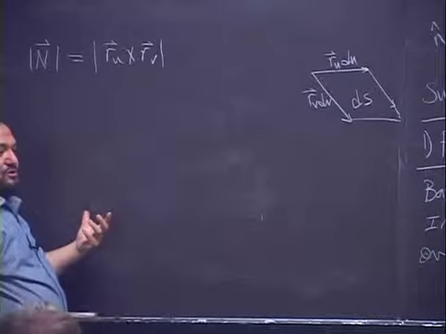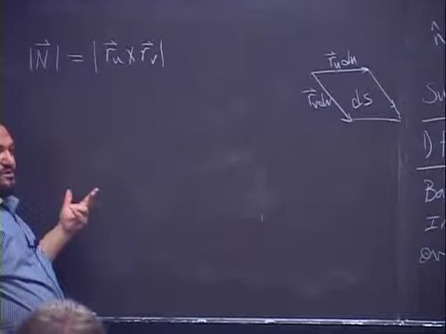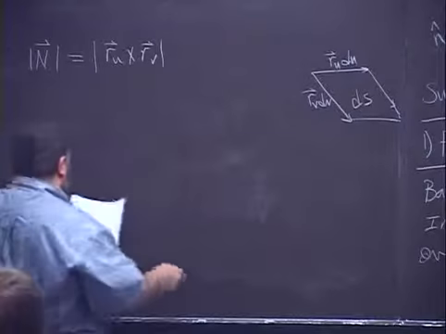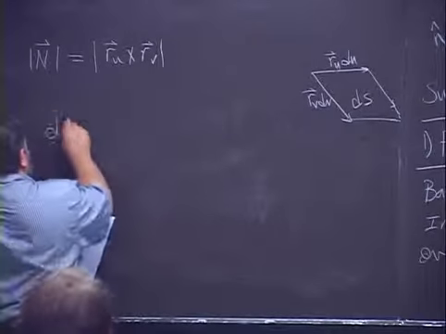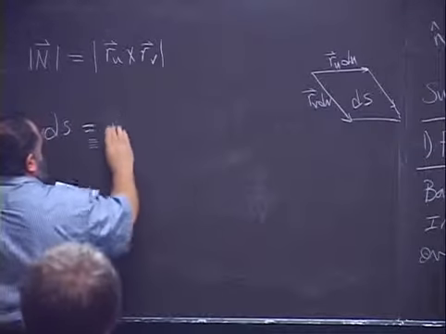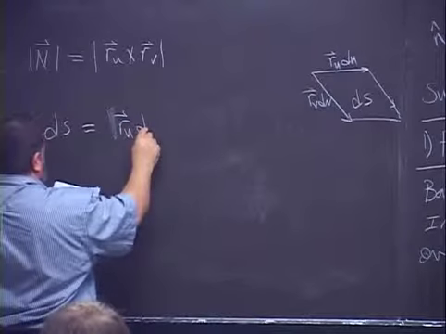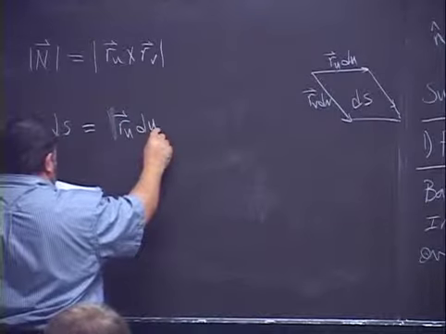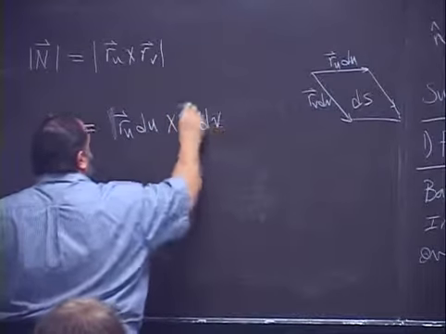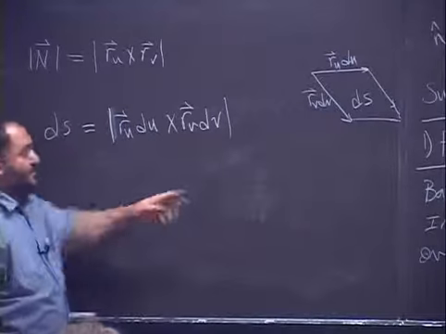Not the triple product, that gives you a volume. The cross product of two vectors gives an area. So this is just to say that delta S is equal to R u du multiplied by R v dv, like this. This is the area here.